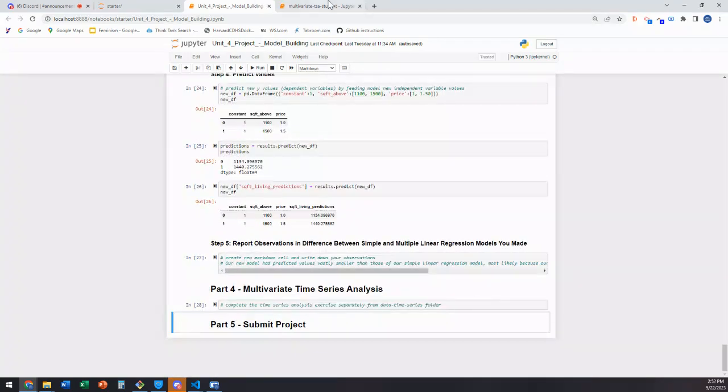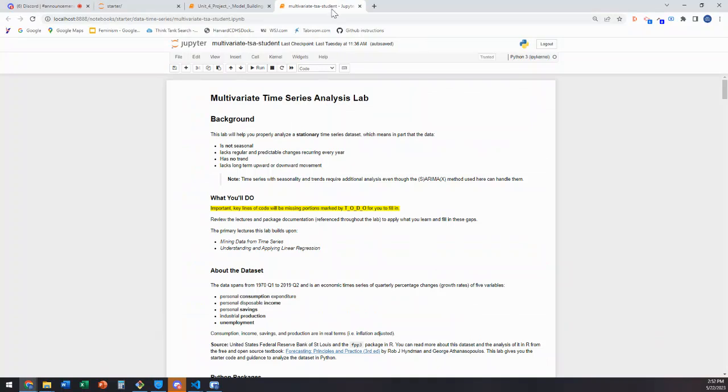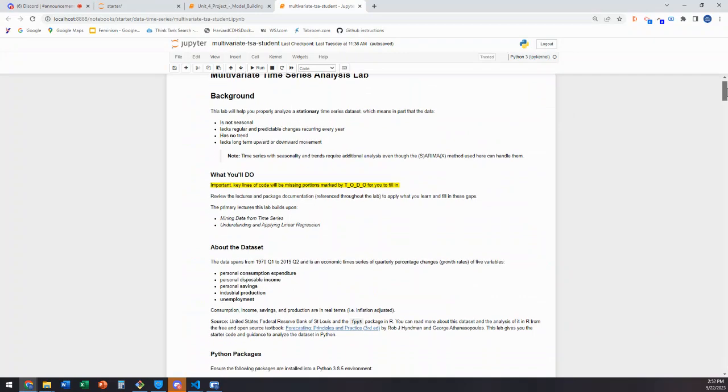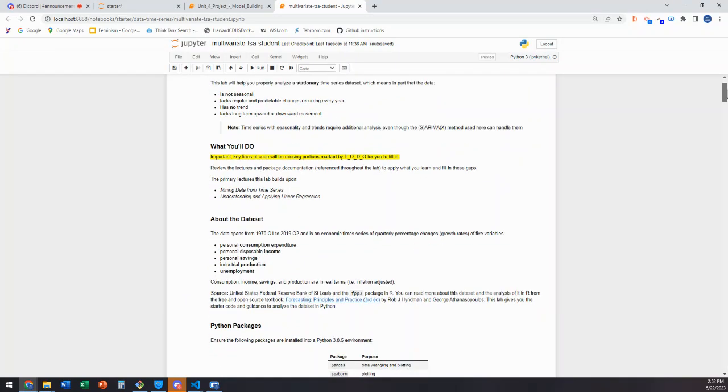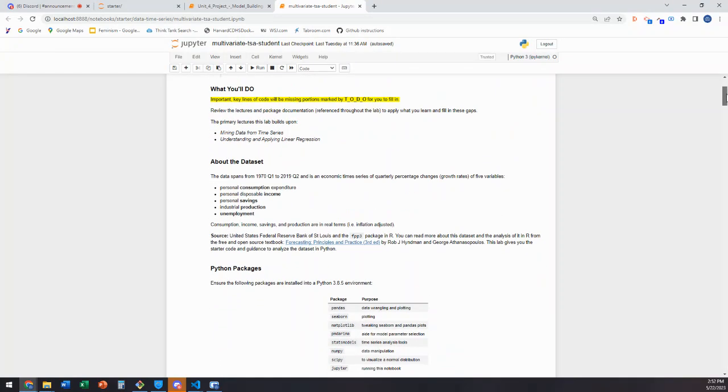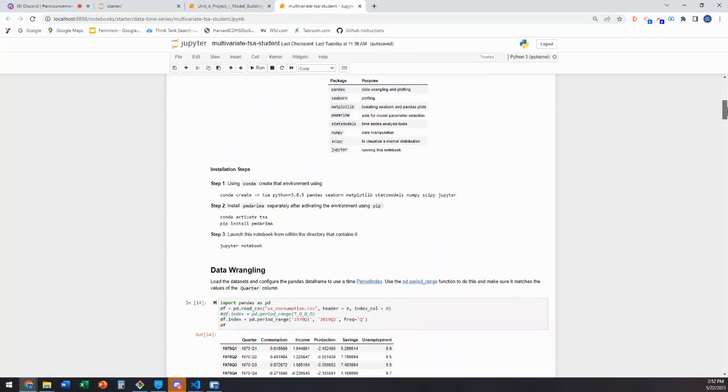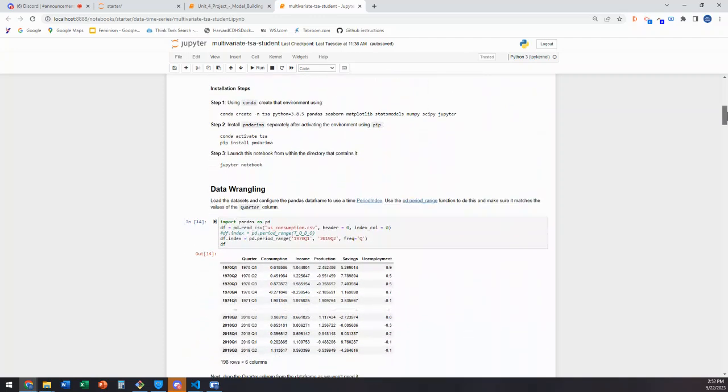And now it's on to time series. With time series, we examine a stationary time series dataset, which has a number of different data points going along different points in time. And right here, we can see quarterly consumption, income, production, savings, and unemployment from 1970 all the way to 2017.